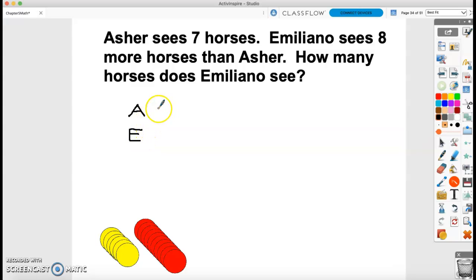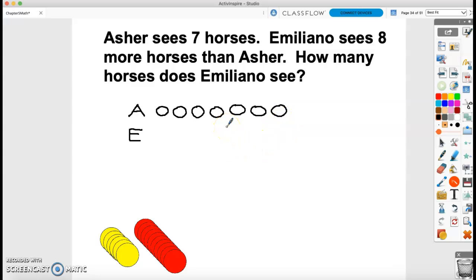And today I'm going to draw it. So Asher sees 7 horses. 1, 2, 3, 4, 5, 6, 7.